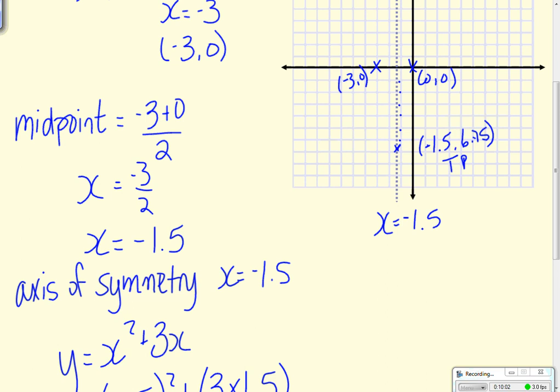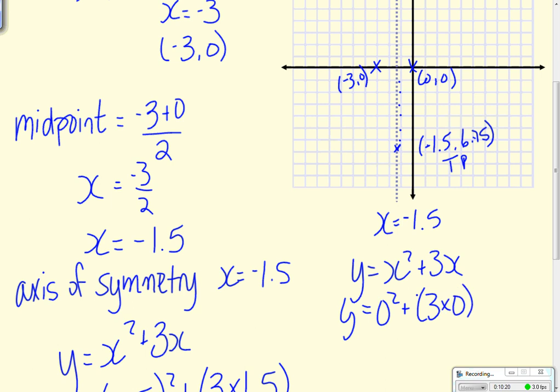Now all we need is our y-intercept. So we can say y equals x squared plus 3x. What do we do? We substitute a 0 in. So y equals 0 squared plus 3 times 0, because it only crosses the y-axis when x is 0. 0 squared plus 0 is 0, so actually our root is also our y-intercept.